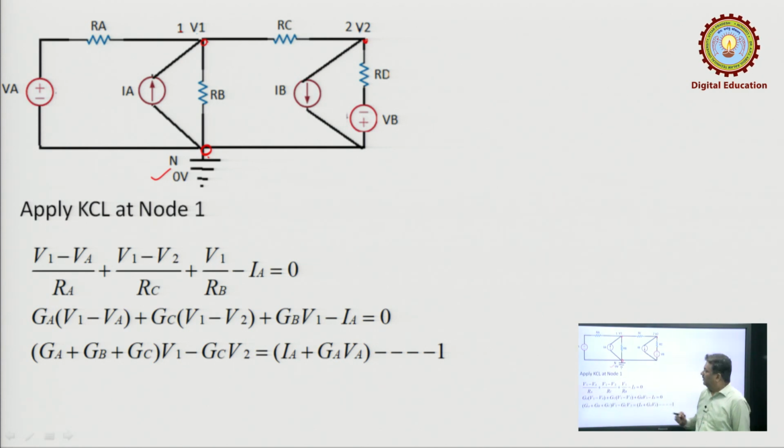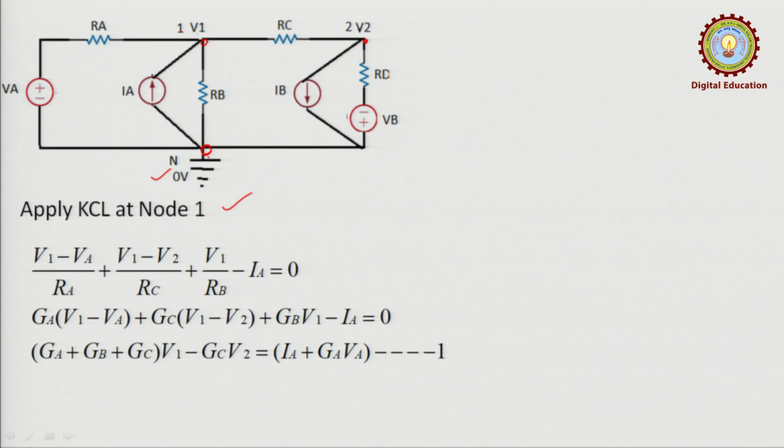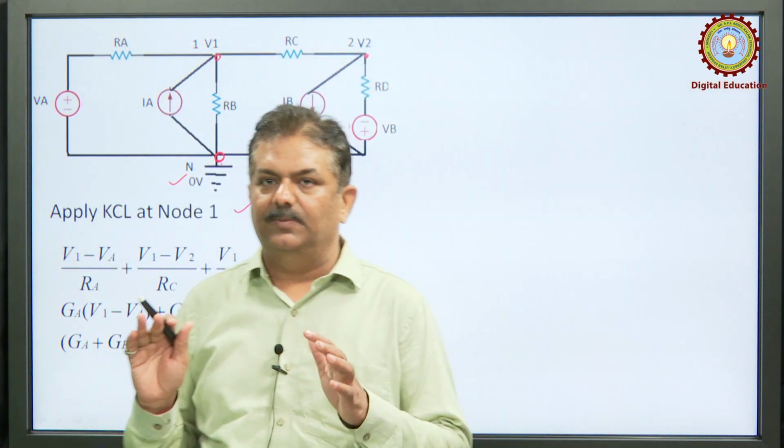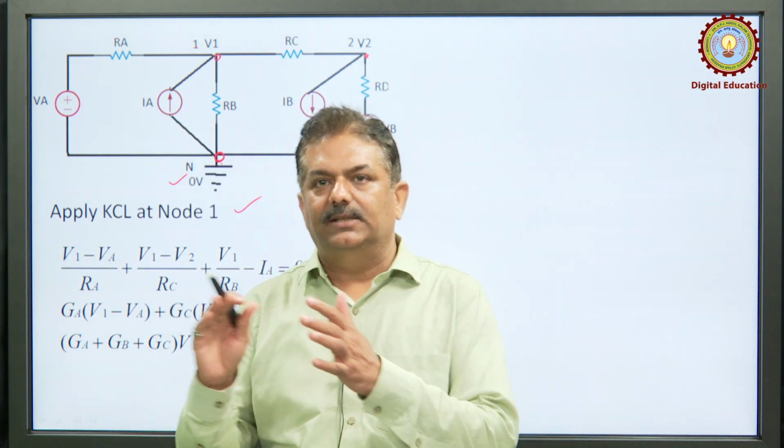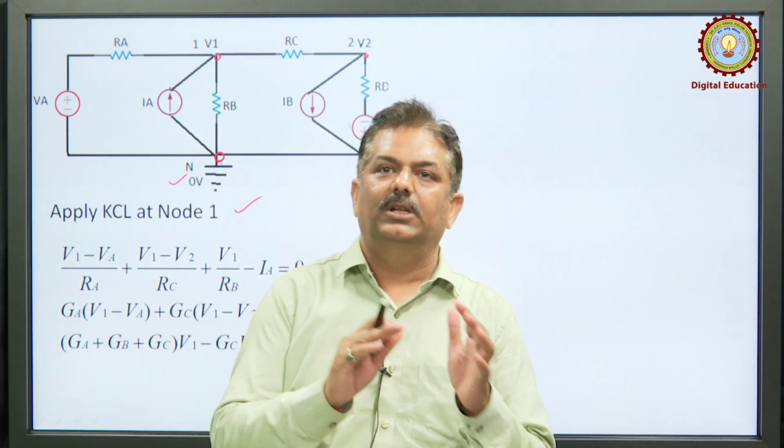Now, after identification of the nodes, we will assume the voltage at independent node 1 is V1 and the voltage at independent node 2 is V2. After assigning the voltages at the independent nodes, we will write the KCL equation at node 1. For writing KCL we have to apply the proper sign convention. The convention we follow is that current entering the node is positive and leaving the node is negative.